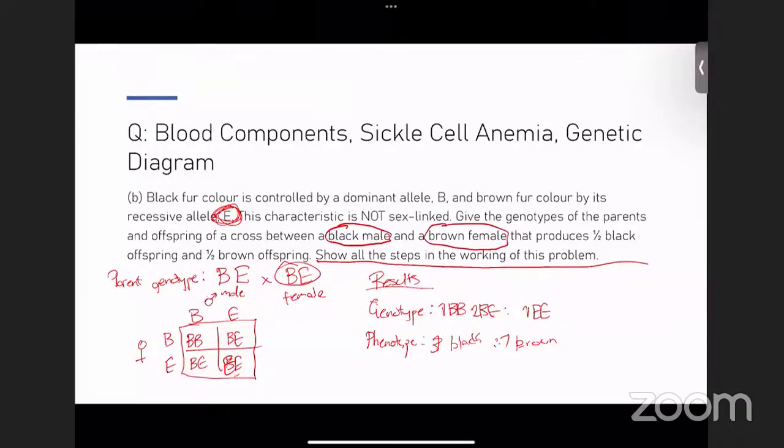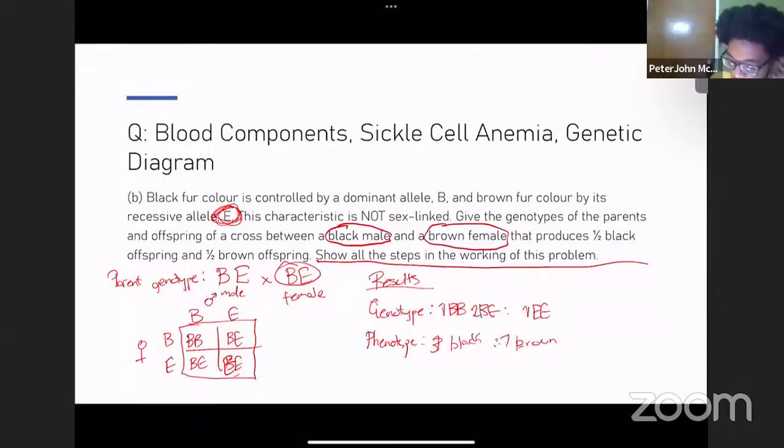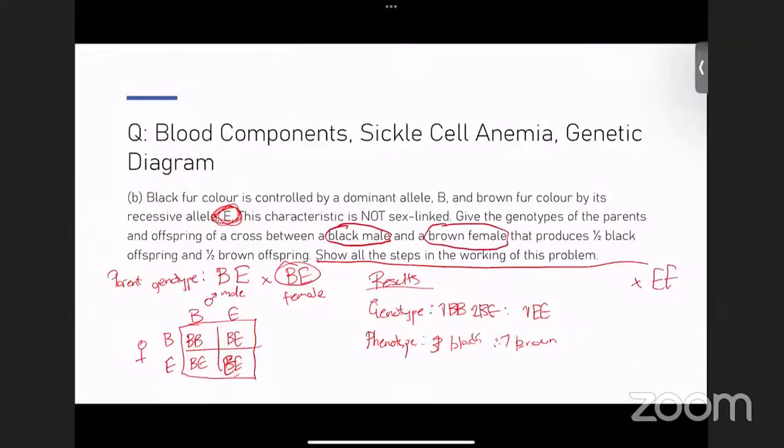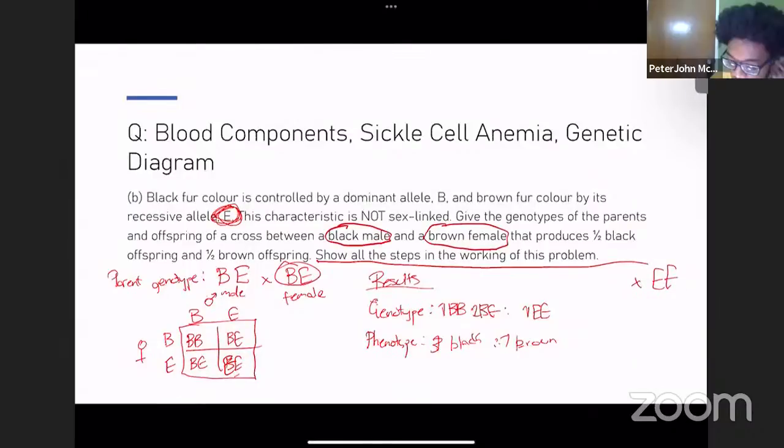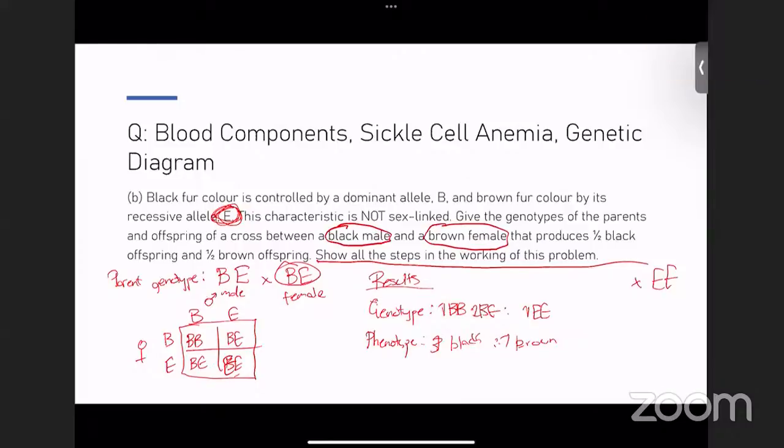EE, capital EE. So the cross should be EE, and what kind of male? If we use BB, all of the results are going to be BE. I can use the heterozygote, the BE.